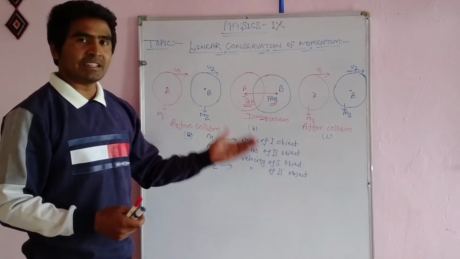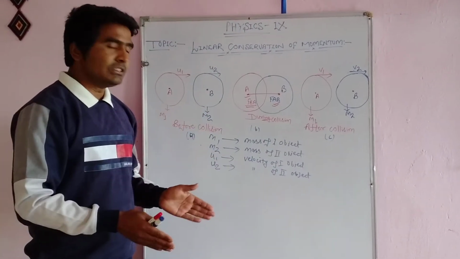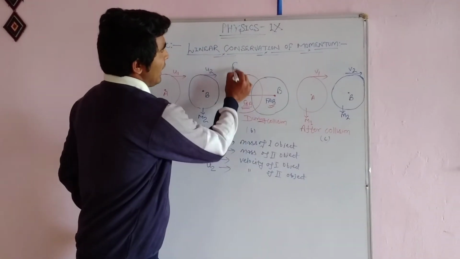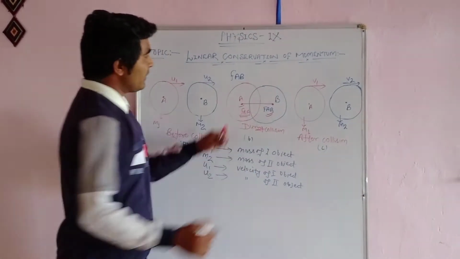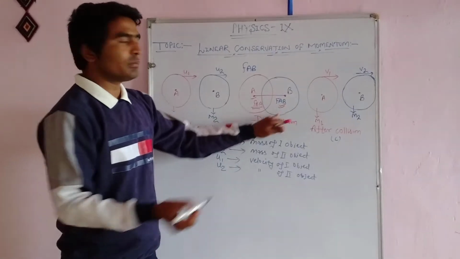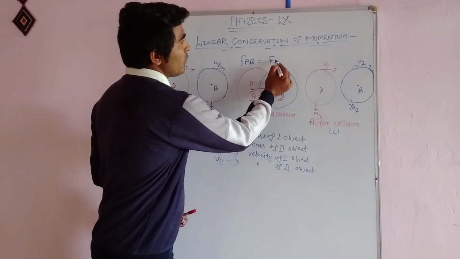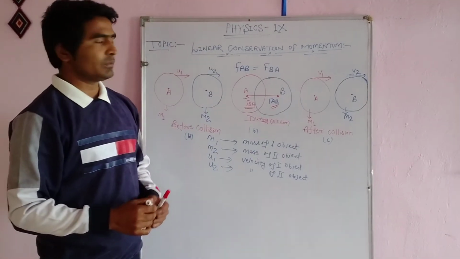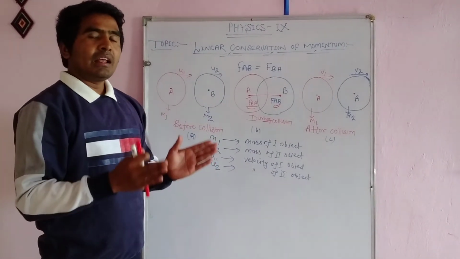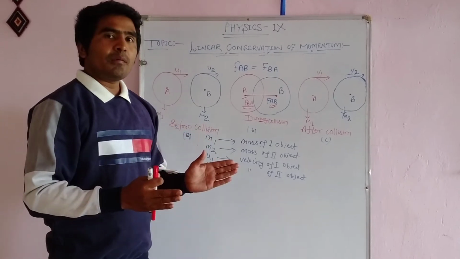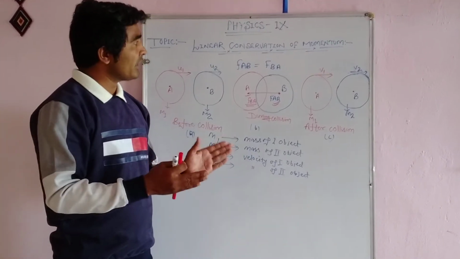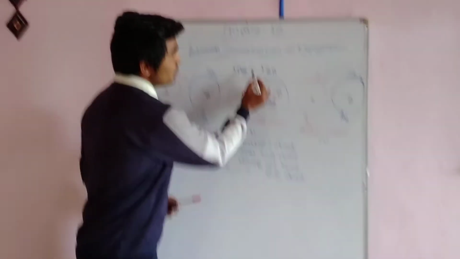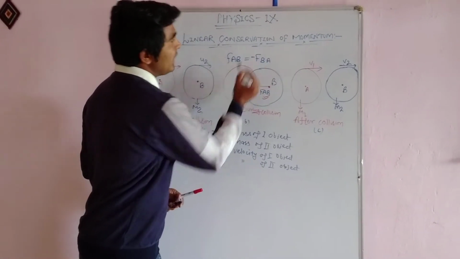It means that FAB, the force exerted by the first object on the second object, will be equal to the force exerted by the second object on the first object. But according to the third law of motion, the reaction is opposite, so here there should be a sign of minus.